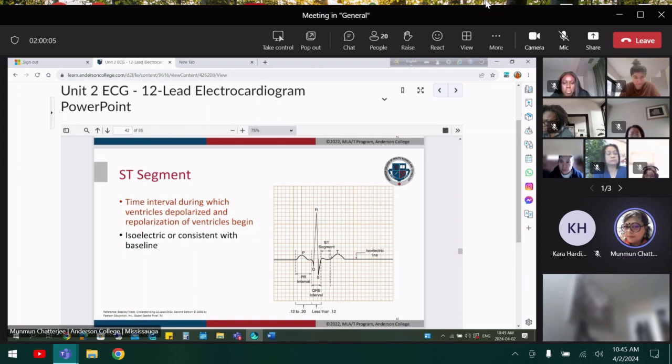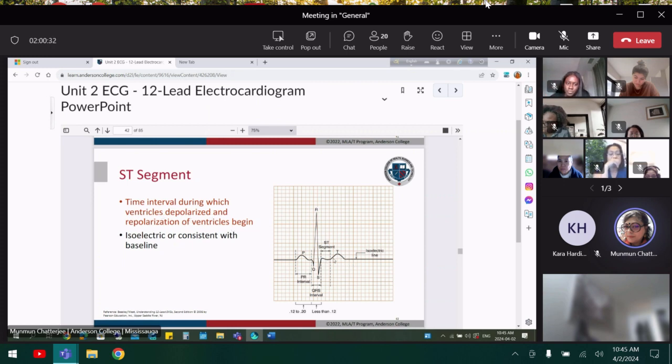In this area both things are happening: ventricle contraction is going away and the relaxation is starting. So the depolarization of the ventricle ends and repolarization, that is the relaxation of the ventricles, begins.